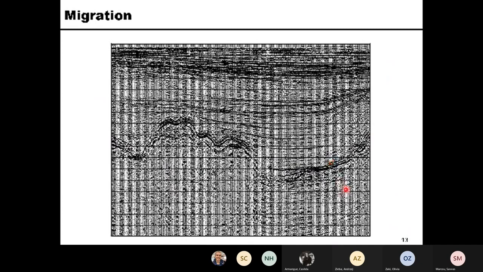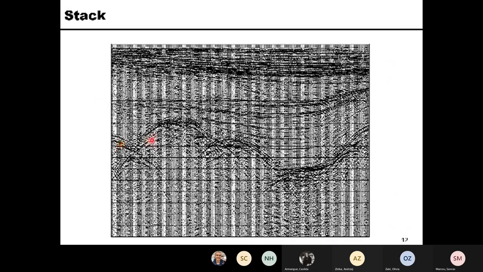It should look like this. Let's do the comparison. You can see here, this is a syncline, right? For this small syncline, in your seismic data, it appears as a bow tie. Bow tie here, okay?